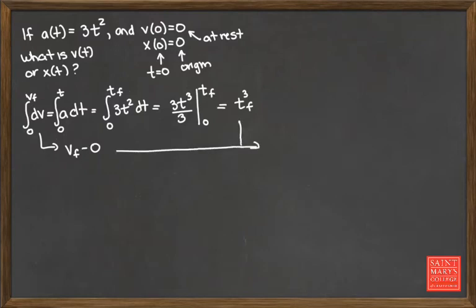Putting it all together, this just says the final velocity is some expression that has time cubed. And again, forgive me that I'm not being careful with units, but there would be some constant out here that has a value of 1 but has units in it that makes this all work out. If I drop the subscripts, you might say v as a function of time in this case is just t cubed.